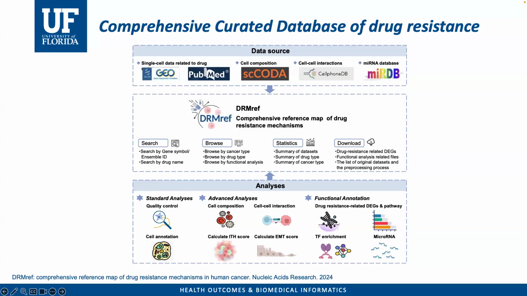To use the large language model, we need a large pool of data. So before we can do that, we need a curated and comprehensive database so that we have enough data to train the large language models and to predict drug sensitivity and resistance. The reason we use a large language model is that it has a lot of knowledge about drugs and cells and genomics and so on.